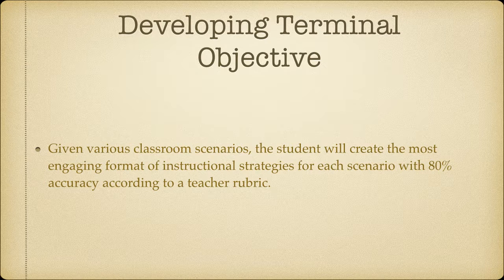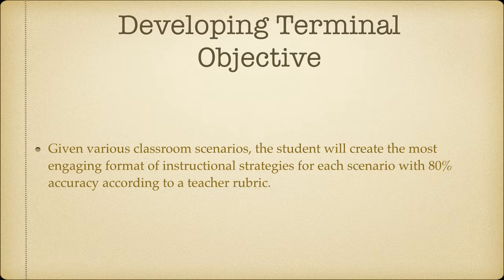So what I'm doing there is I'm trying to push this particular standard to a higher level of learning by talking about it as the student is going to create from scratch an engaging format of instructional strategies for each of the scenarios that I provide.